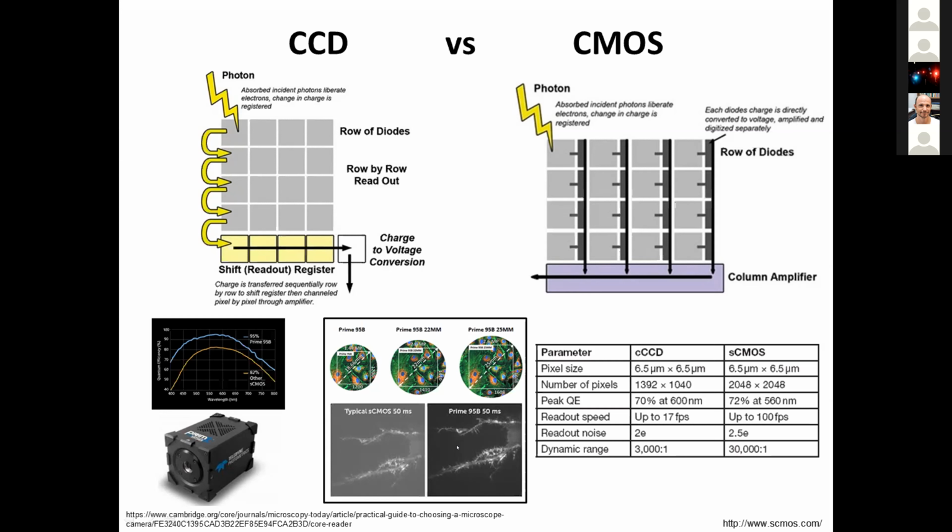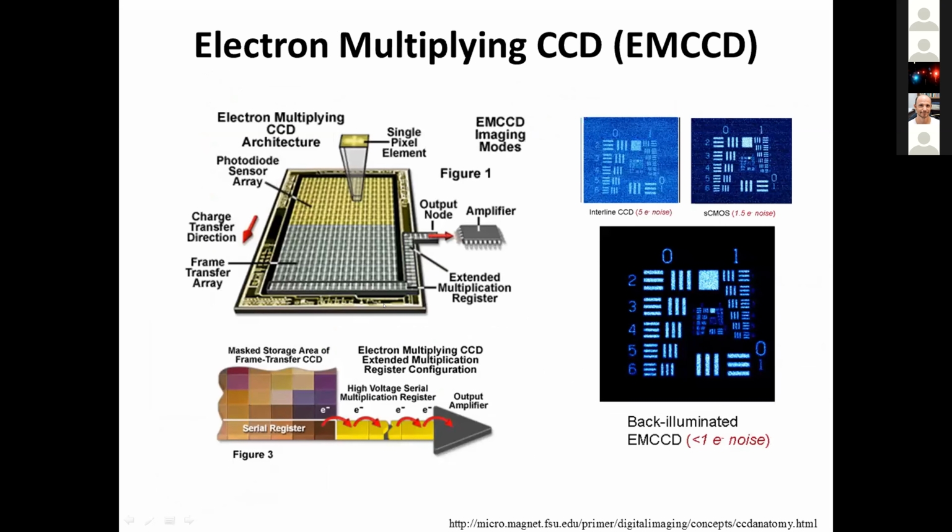You can see here the difference between the two in resolution and signal to noise. In the electron multiplying camera, they have electronics that amplify the output of the signal, which enlarges the signal to noise and can reduce the noise to less than 1 electron. And you can see the difference between the three: the CCD, the CMOS, and the EMCCD.